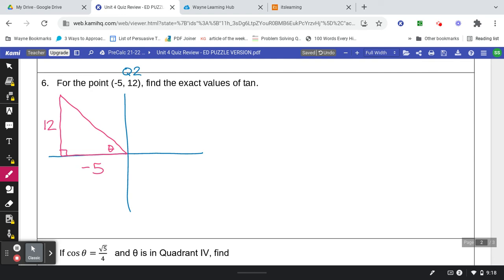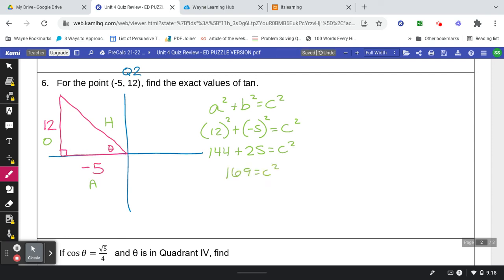This is another problem where we'll need to find the missing side. So I'm going to label opposite, adjacent, hypotenuse, and a squared plus b squared equals c squared. Let's plug these numbers in. I am missing my hypotenuse, so I'm going to leave the c as my unknown. Finish this problem up. 144 plus 25 equals c squared.